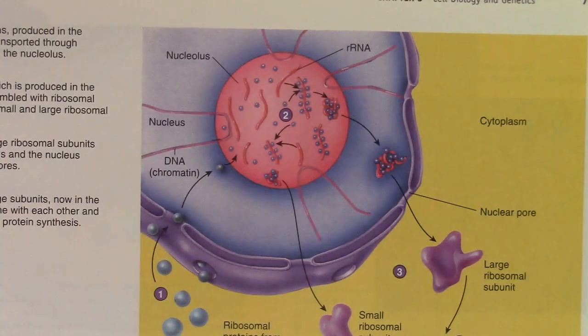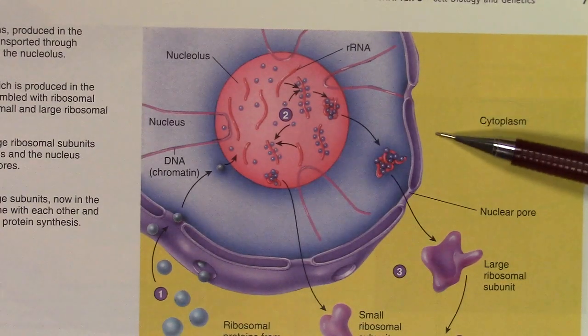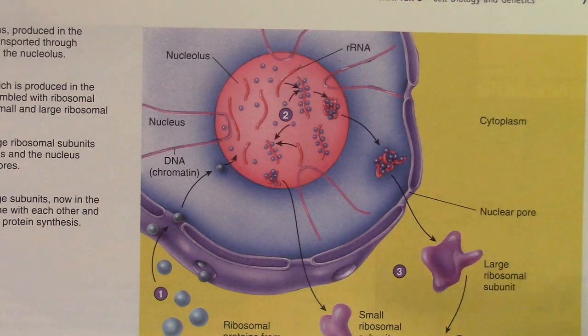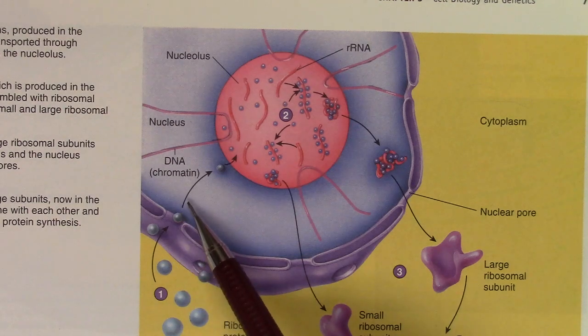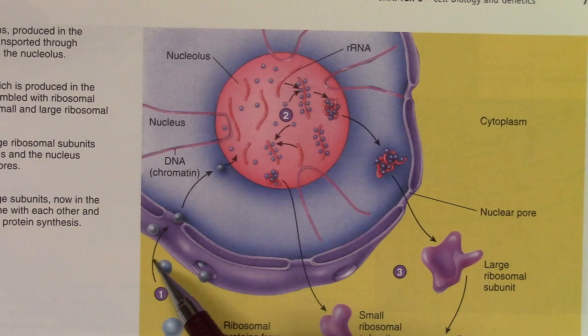So let's get oriented in the figure. This is the cytoplasm of the cell. Here is the nucleus. You recognize the double membrane around it. Each one of those is a phospholipid bilayer. And there are pores within this nuclear envelope that allow things to move back and forth into the nucleus and out of the nucleus.